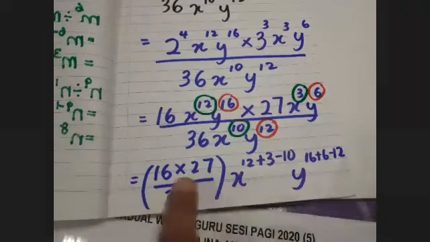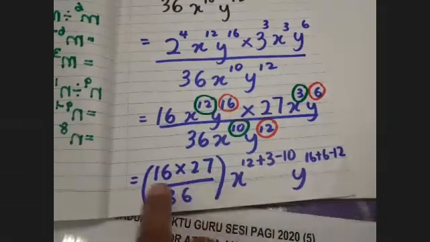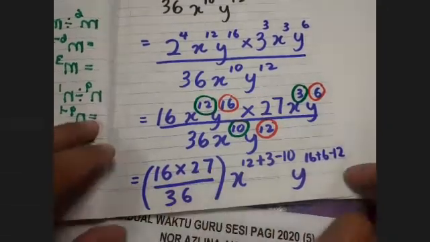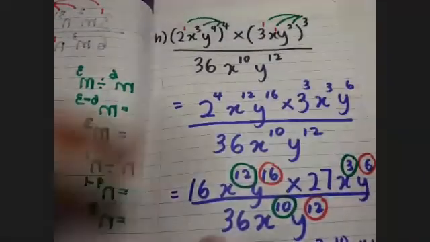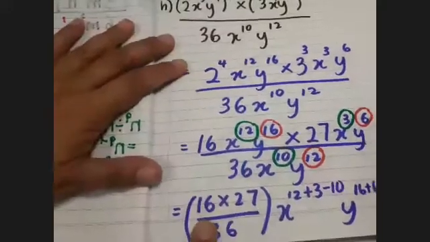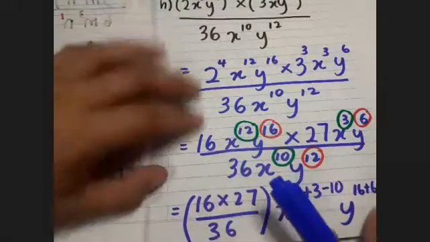So use calculator. 16 multiply 27 over 36.